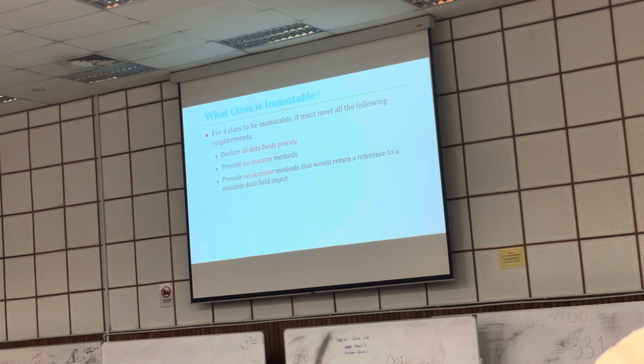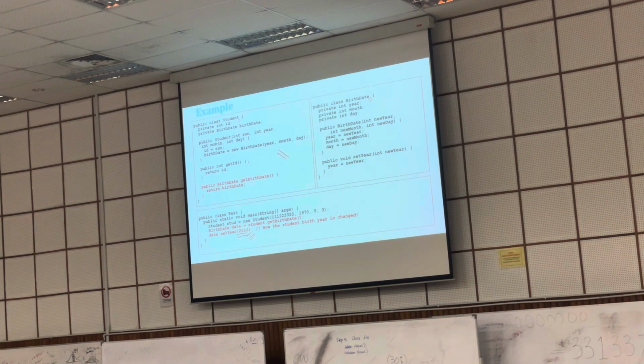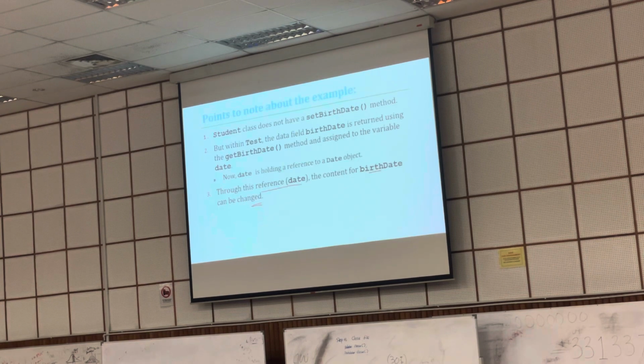So, if you want to make your class immutable, declare all data fields to become private, you remove all the setter methods and provide no accessor method. In this example, if you didn't provide this get birth date, this is immutable.